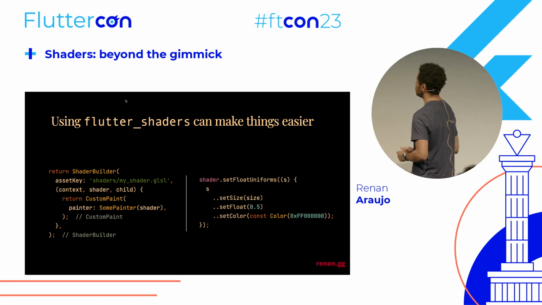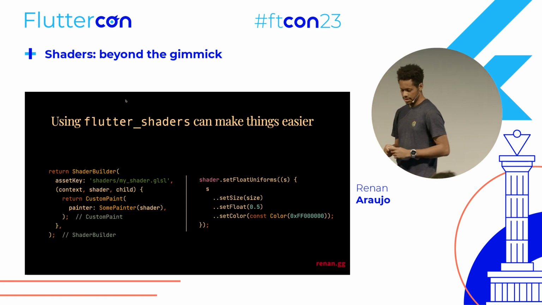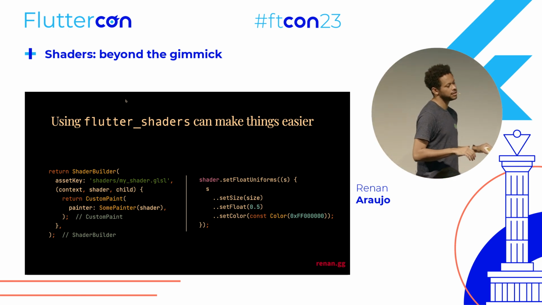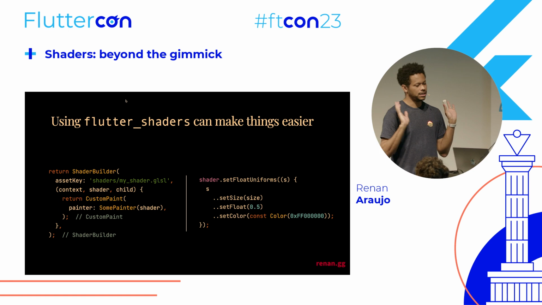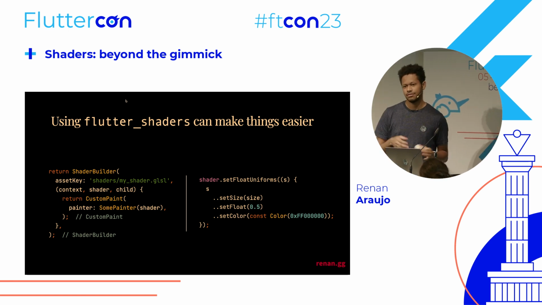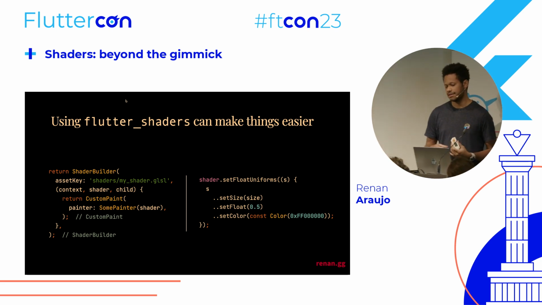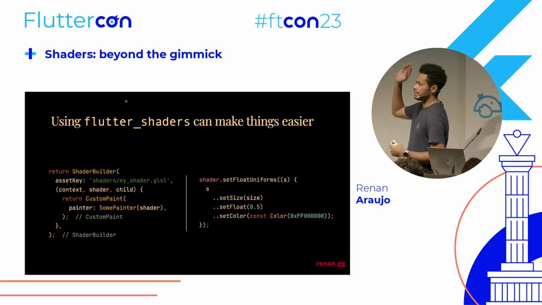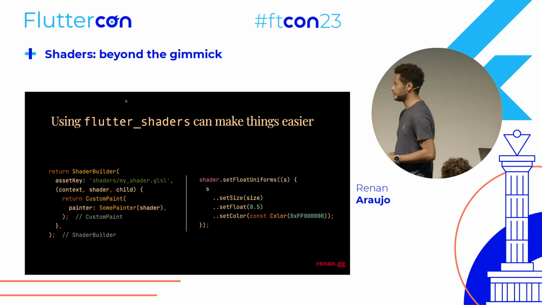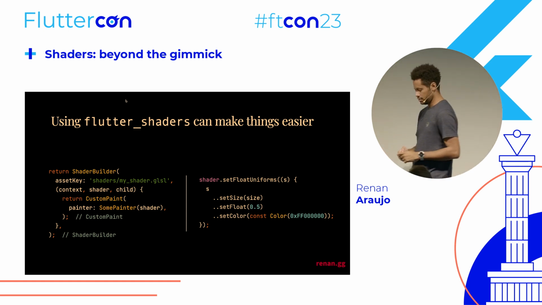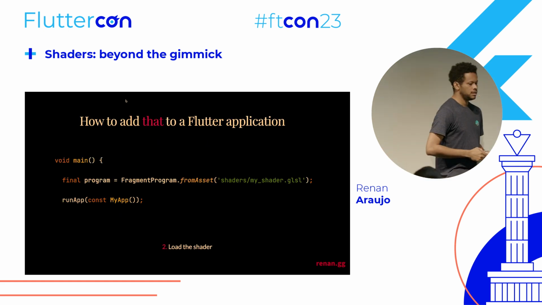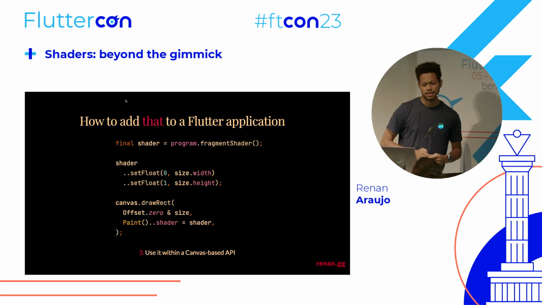There are also easier ways to load and apply the shaders. In this case, we have this package called Flutter Shaders that is, at least for me, fundamental. If you're working with shaders on Flutter, install this. If you're going to create your own shader, install this. It's really easy and simplifies some stuff. For example, there's this way of passing the uniforms to the shader where you don't need to control the index.